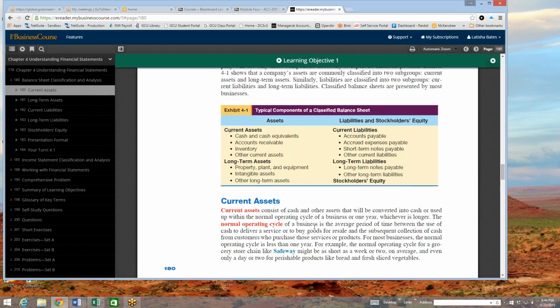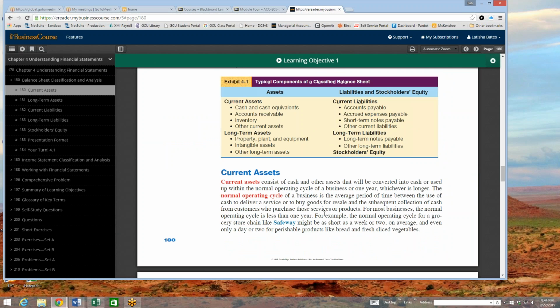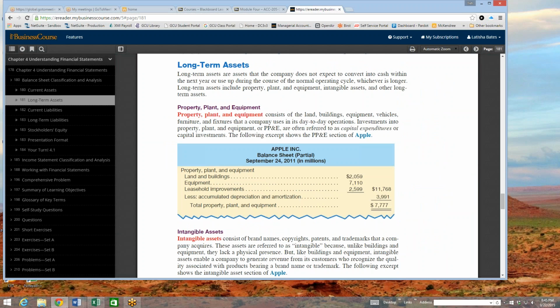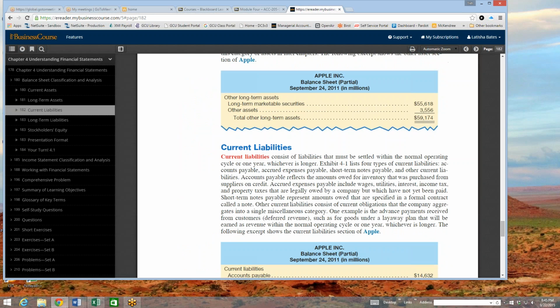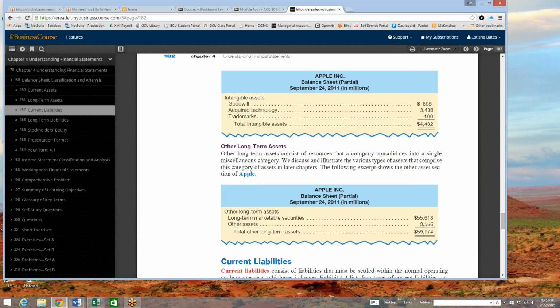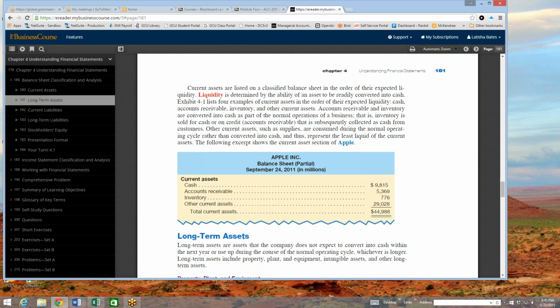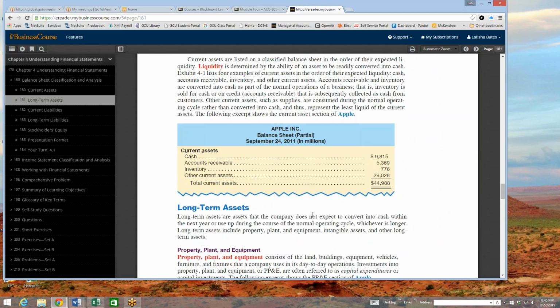Okay, so for your components of a balance sheet, mark page 180, 180. These are all the components of a balance sheet. Okay? Then let's see. These are also good little ways right through here of how to calculate things, right?